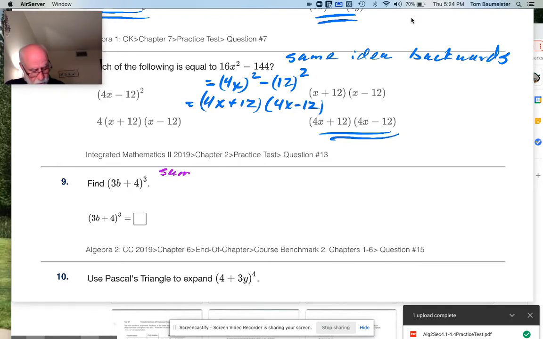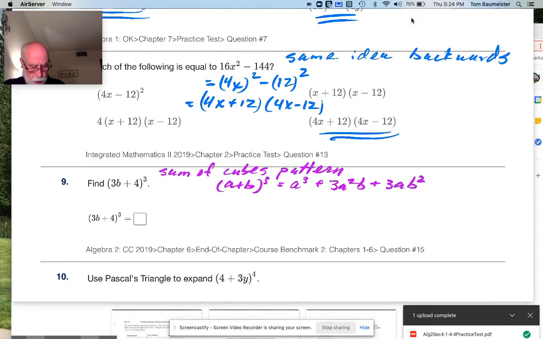So remember, on the sum of cubes, in the book, I told you it was (a plus b) cubed is equal to a cubed plus 3a squared b plus 3ab squared plus b cubed.